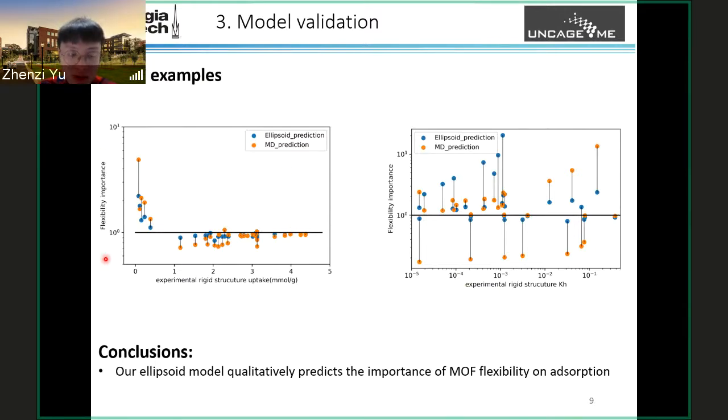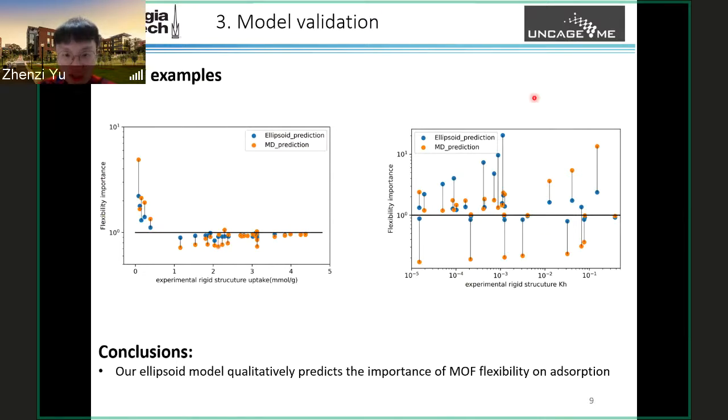And these two methods usually have qualitatively consistent predictions, which means they can predict whether the intrinsic flexibility has a positive influence or a negative influence on the adsorption properties. However, in terms of the quantitative prediction, these two methods usually have a little bit of difference. So that's the reason why the consistency is a little bit low in the last slide.